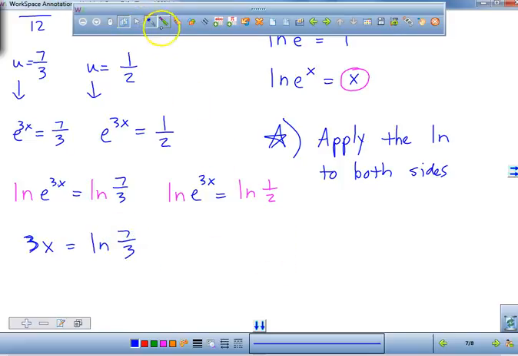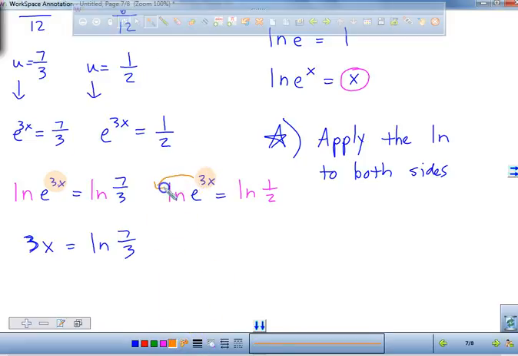Now that still doesn't make sense. One thing you guys are pretty good at is understanding that you can use the power property, right? So the power property says what? It says that I can take this and move it up front. Now, what is the natural log of e always equal to? A 1. So if I wrote 3x times the natural log of e, what is this part always become?